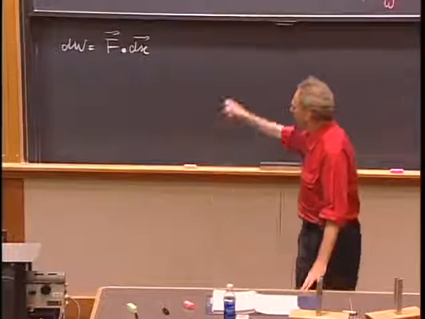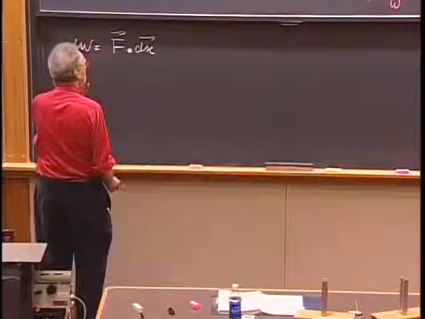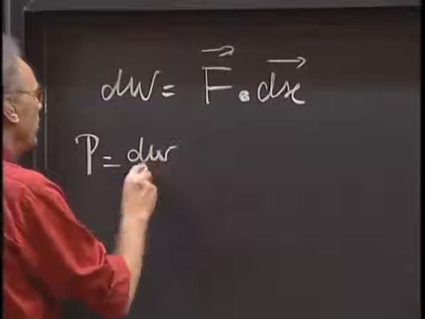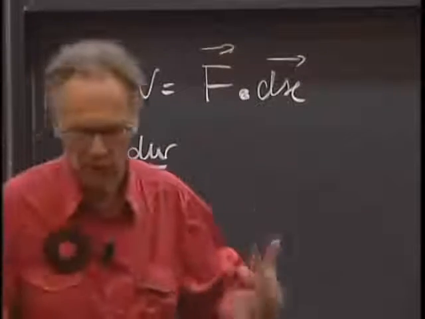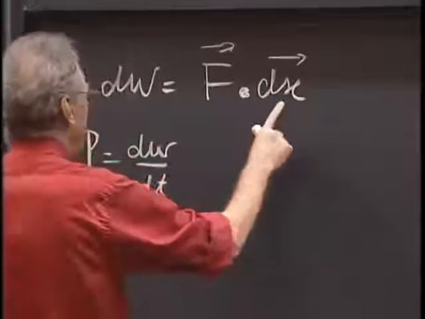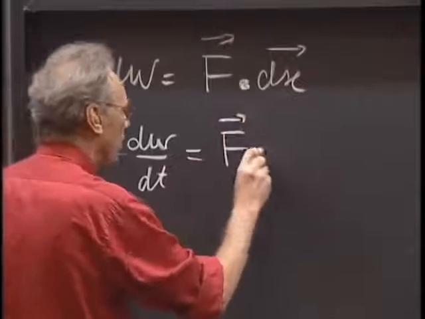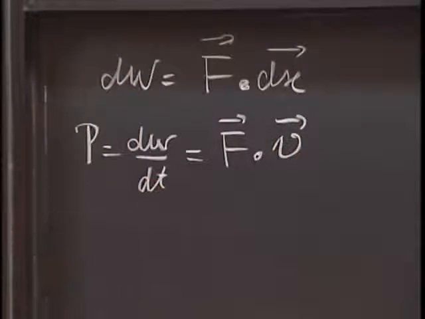And so now I can calculate what the power is, because the power is dW/dt, how many joules per second I have to put into the system. And so, if I take the time derivative, then I get F dotted with v, because dx/dt is simply the velocity.